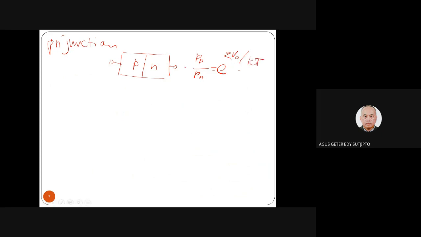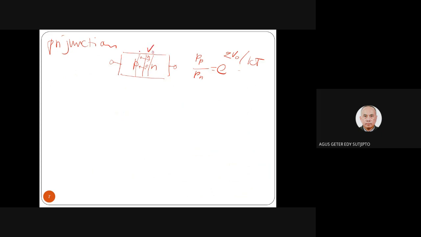Phi 0 is caused by the diffusion of holes and electrons. So this is the diffusion of holes from the P region to the N region, and the diffusion of electrons from N to P, causing phi 0.